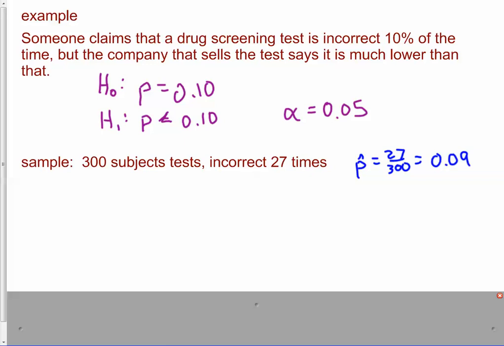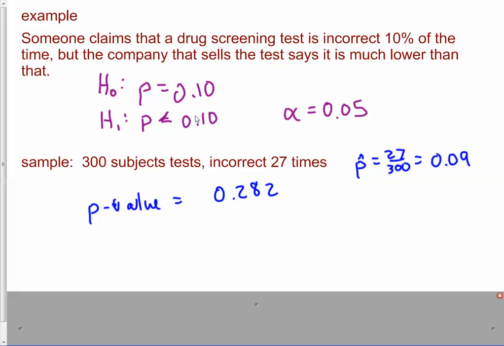Okay. So in this case, I'm just going to let my calculator do the work. We've done this more manually in the past, in a previous class. And when I put it into my calculator, I get a p-value of 0.282. Okay, so 28%.